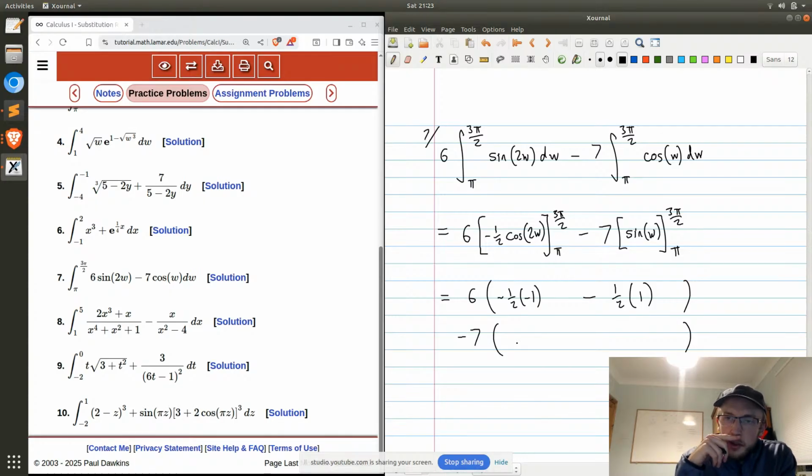And what is sine of 3 pi over 2? Minus 1. And what is sine of pi? Zero.